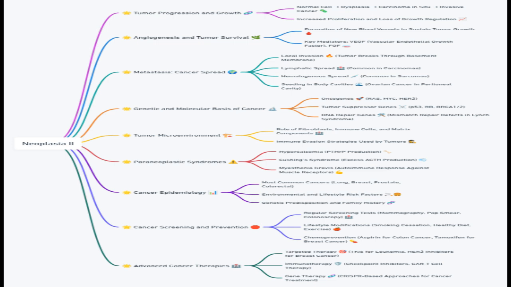So, what is the prognosis of invasive ductal carcinoma? It depends on the grade, the stage, and the receptor status. ER, PR positive and HER2 negative has the best prognosis. HER2 positive is more aggressive, but treatable with trastuzumab. And triple negative, ER negative, PR negative, and HER2 negative, has a poor prognosis and high metastatic risk.